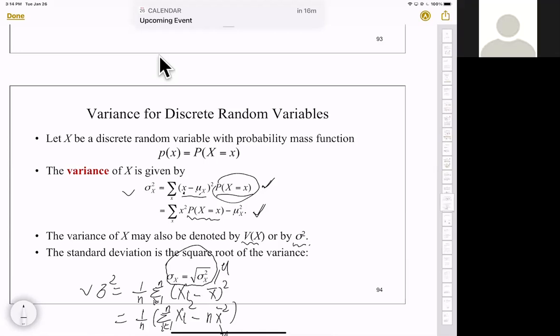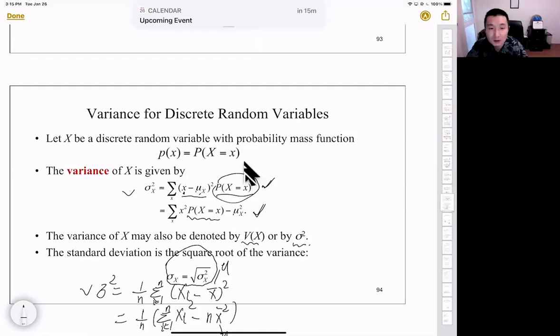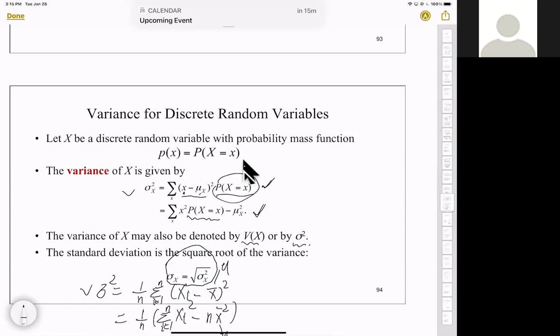I don't know if that answered Kira's question for the example for variance. Sorry. Which one was it, Kira? The example 15?